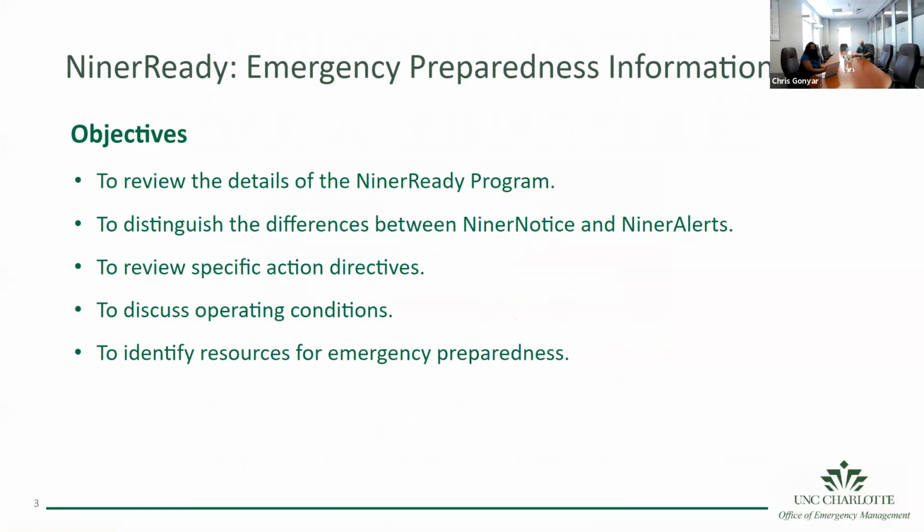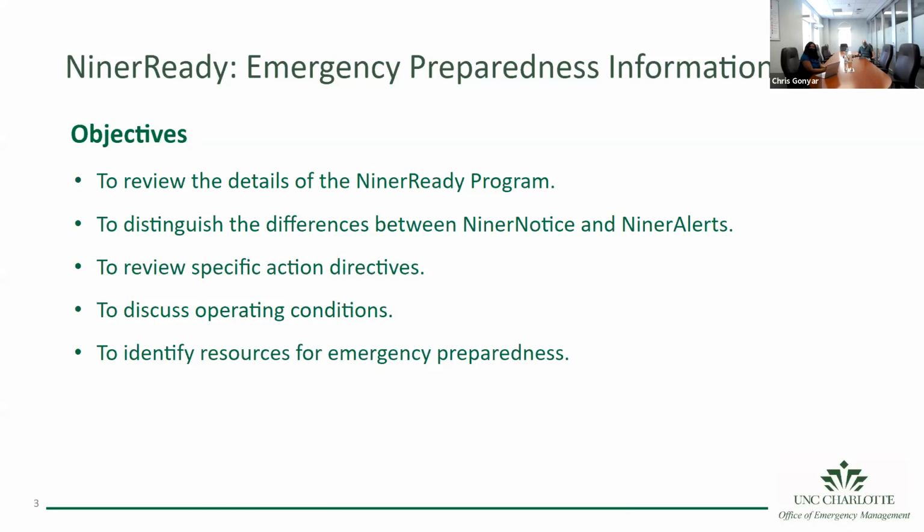So we have a few objectives or things that we want to cover this morning related to the Office of Emergency Management and maybe more widely our Department of Safety and Security here on campus. So we'd like to review details of what we call our NinerReady program. We want to distinguish the differences between Niner notices and, most importantly, Niner alerts, which is our emergency alert system or program here on campus.